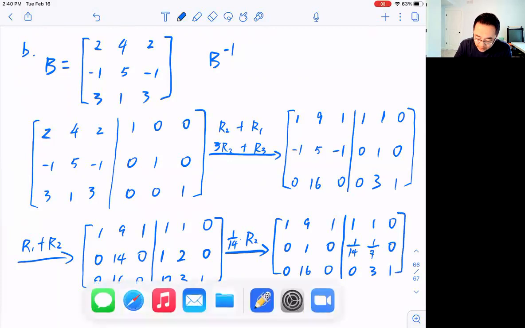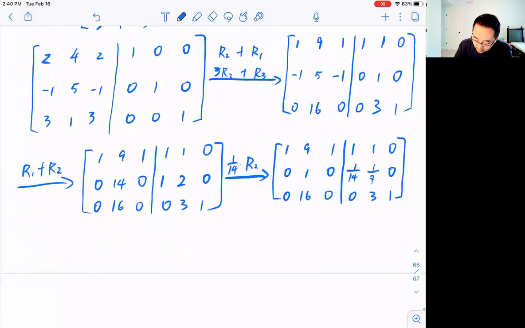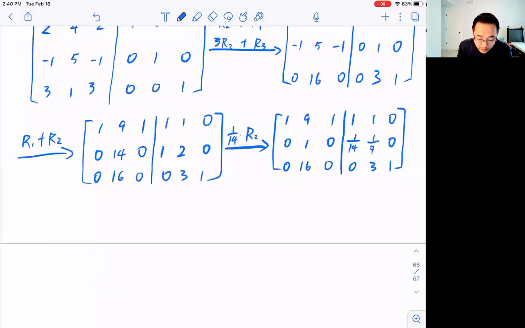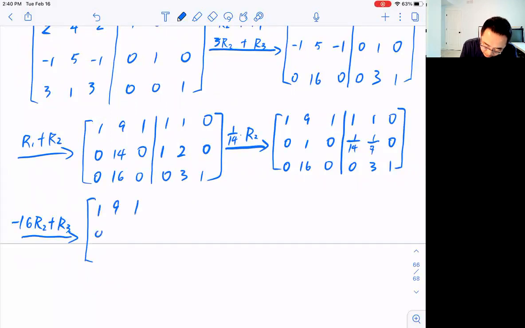Okay, so that is this one. The next step is that I want to turn this number 16 into a 0. So to do that, I do -16 times R2 plus row 3. And that gives me 1, 9, 1. That doesn't get affected. 0, 1, 0 is not affected. Then here, 0 plus 0 is 0. 16 plus -16 is 0.